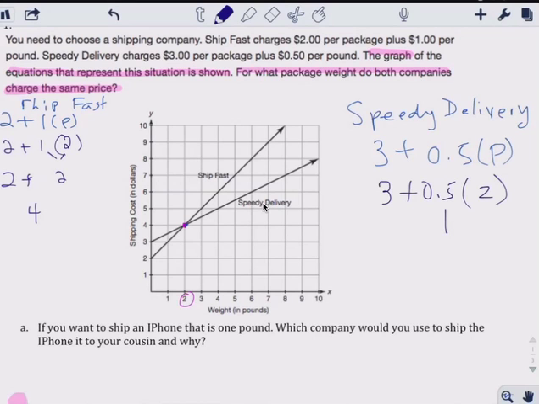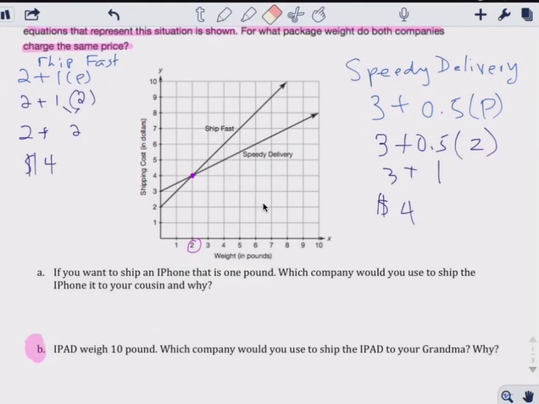You put it in a calculator, you'll get 1. 3 plus 1 is 4. So the question is asking you, for what weight do both companies charge the same price? At 2 pounds, how much are both companies going to charge? $4.